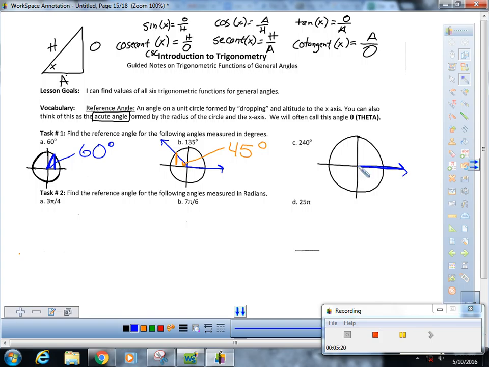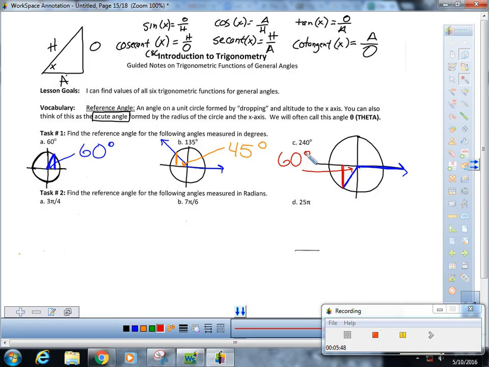It's 60 more. That helps me draw a more accurate picture. Draw a perpendicular always to the x-axis. Here's our acute angle formed between the radius and the x-axis. And what's that going to be? That's going to be 60 degrees. Okay?